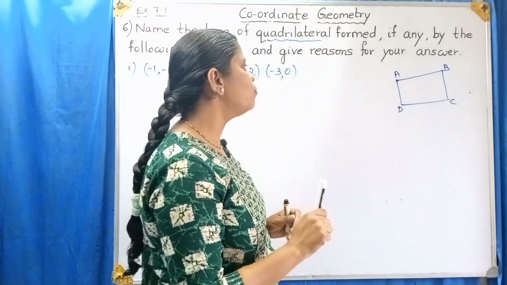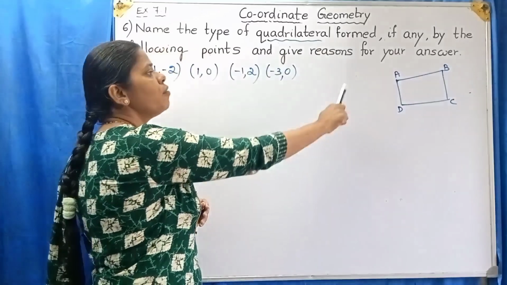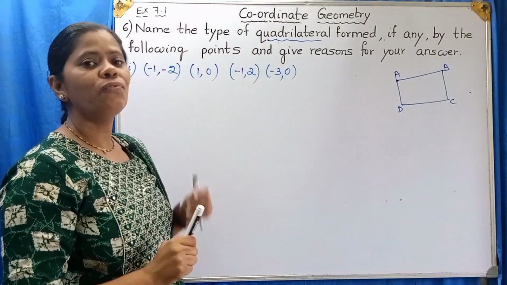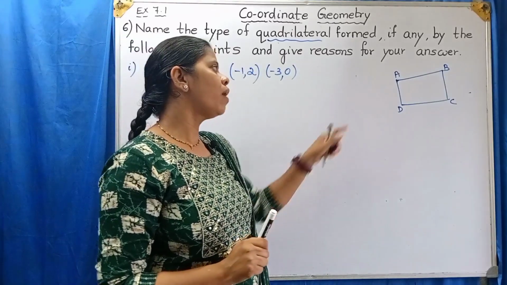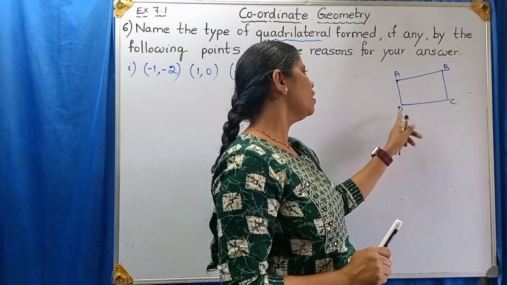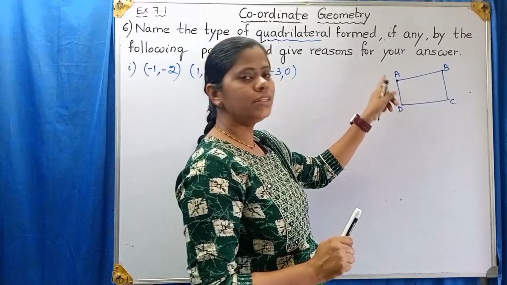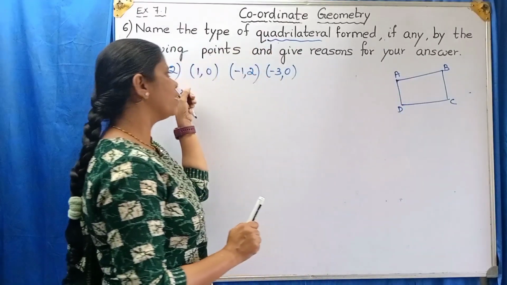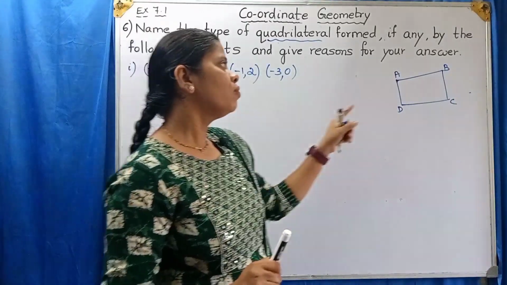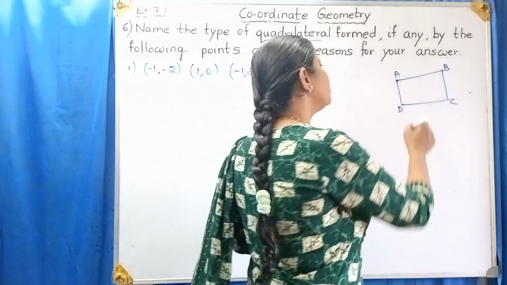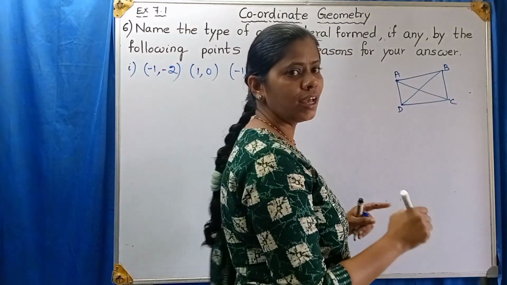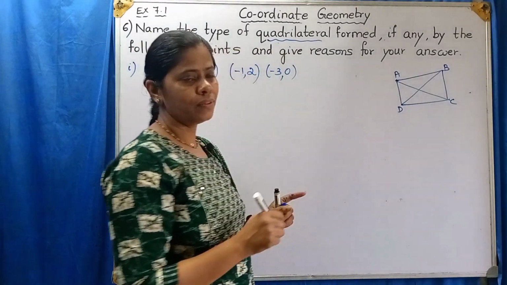Then we have to name the type of the quadrilateral formed by these vertices. Then what we have to do? We have to find out the distance between AB, BC, CD and DA to say which type of quadrilateral is formed by these vertices, isn't it? Not only this, we have to find out the distance between the diagonals also, to say the type of the quadrilateral.